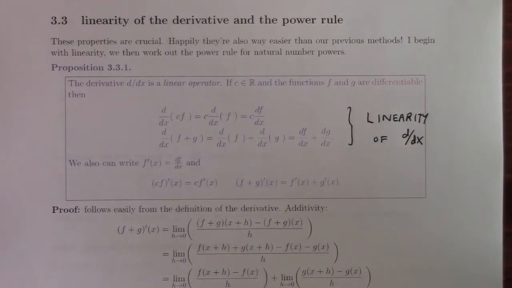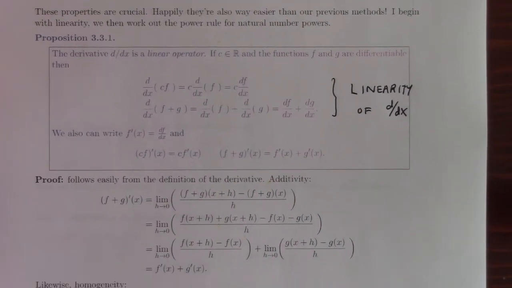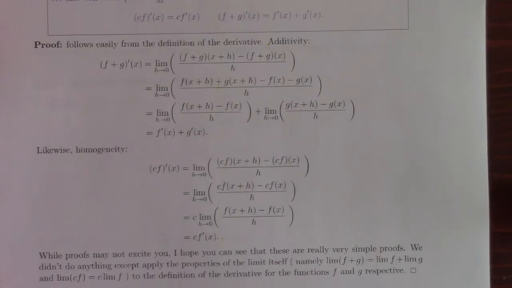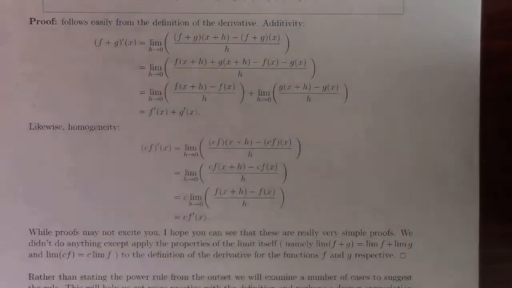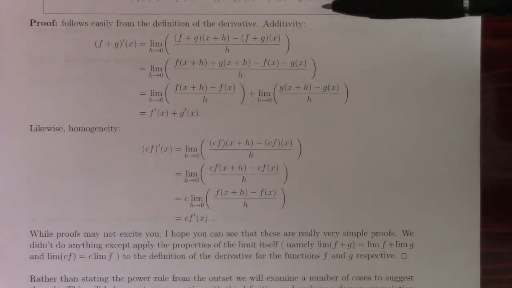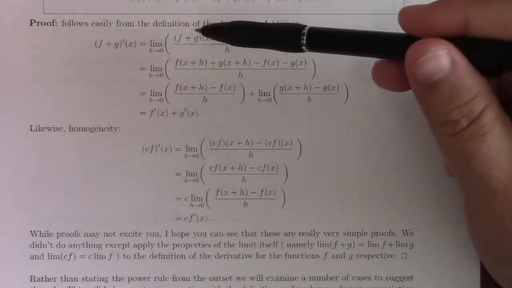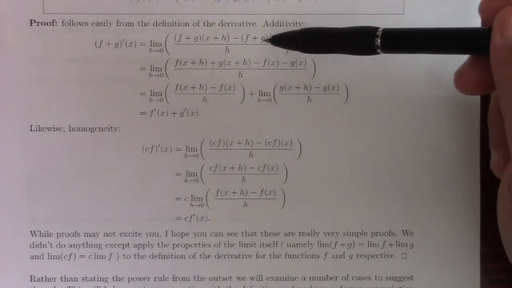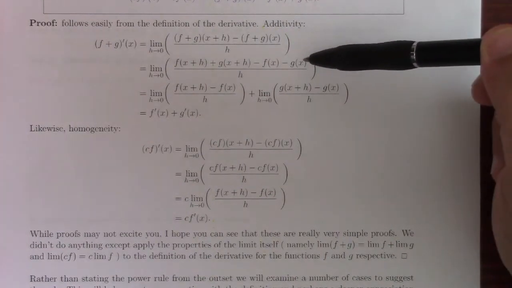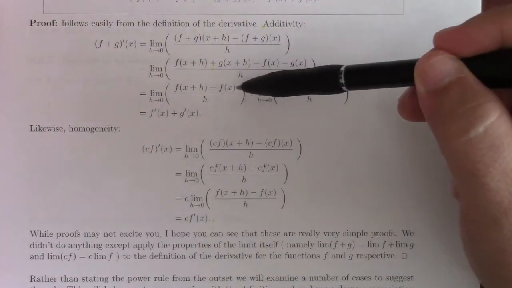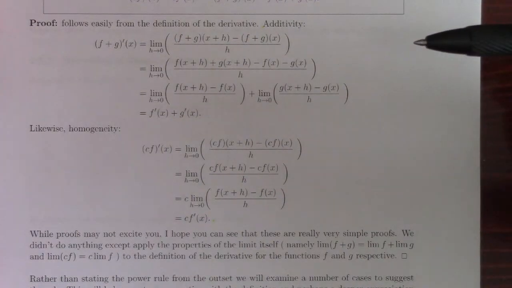Excuse me. Now the proof is pretty straightforward from the limit-based definition of the derivative. If I have f and g that are both differentiable, and I look at f plus g, and I look at that difference quotient, and I just expand and group things, I get a difference quotient in f and a difference quotient in g, and that's f prime of x and g prime of x.